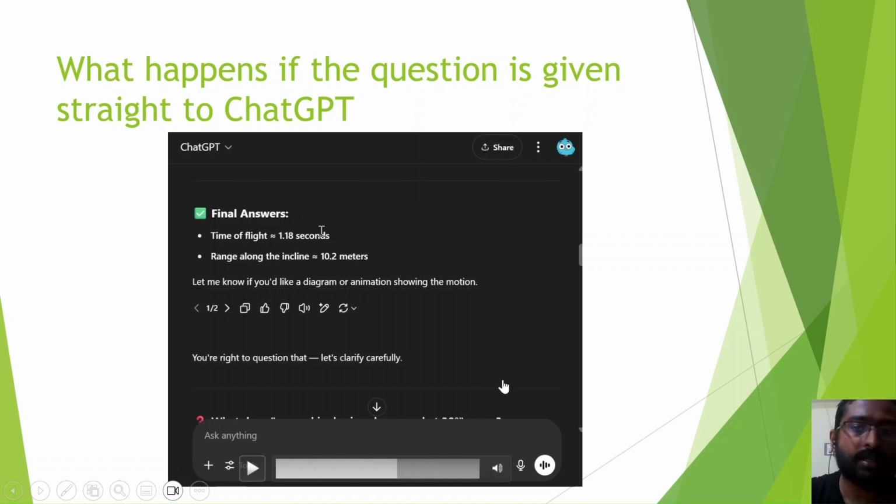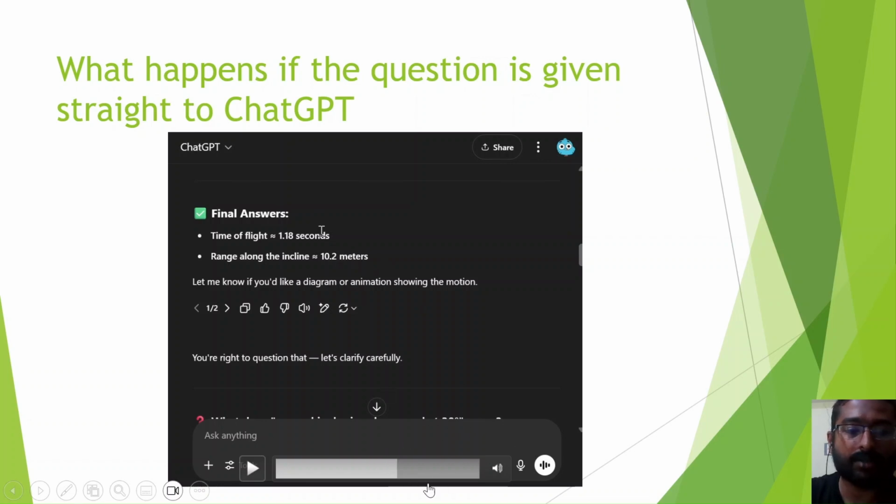That was a mistake, because we have to define the angle very well for ChatGPT to give the answer correctly. Even if you upload the image, ChatGPT might make a mistake, so it is always better to explain the image using words.